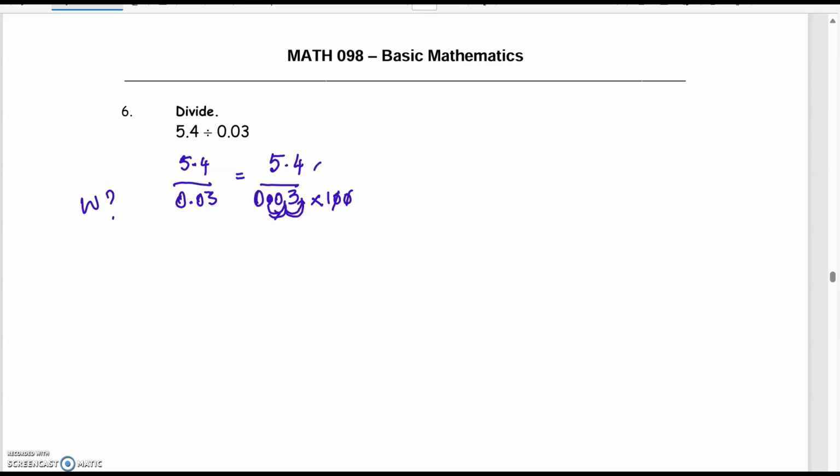But whatever you do to the denominator, you have to do the exact same thing to the numerator, because you don't want to change the meaning of the fraction. So the denominator has 3 because we've shifted 1, 2 decimal place values to the right because we multiplied with 100. We are doing the exact same thing to the numerator.